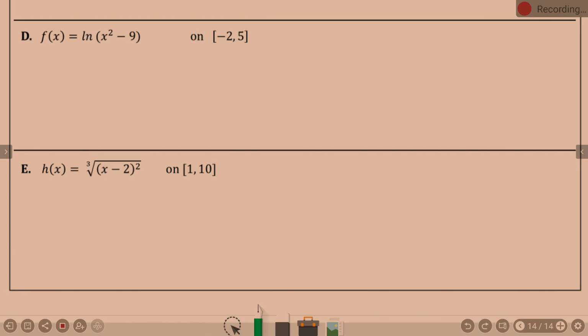Okay? So f of x is not continuous on -2 to 5.